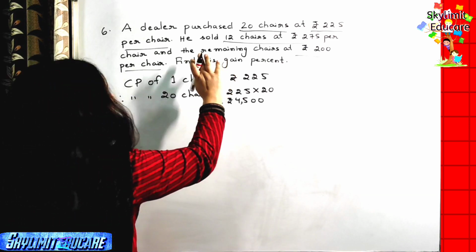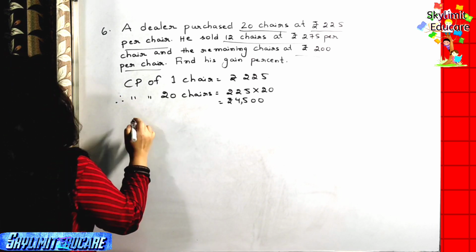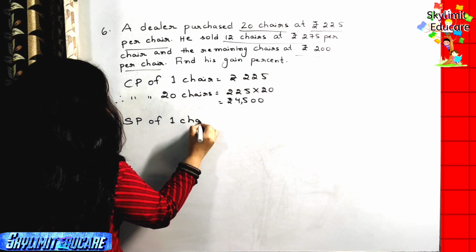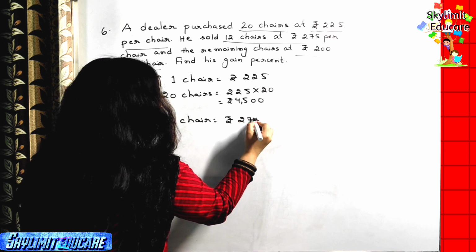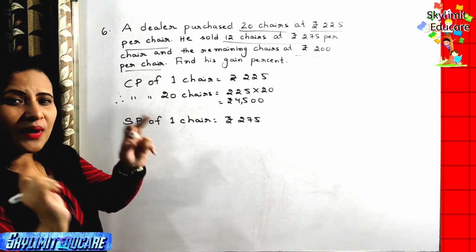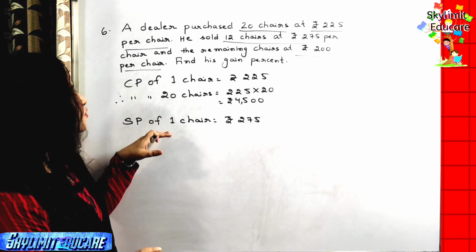Now what did he do? He sold 12 chairs at rupees 275 per chair. So the SP of one chair is rupees 275. But how many chairs did he sell in this way? He sold 12 chairs, not all 20 chairs, only 12 chairs at this price.